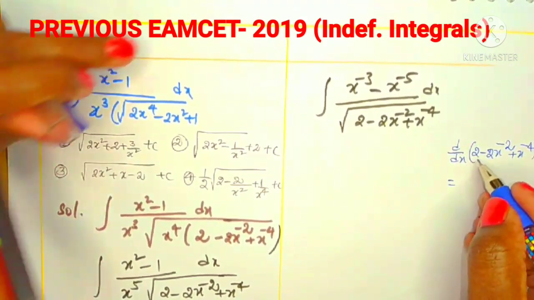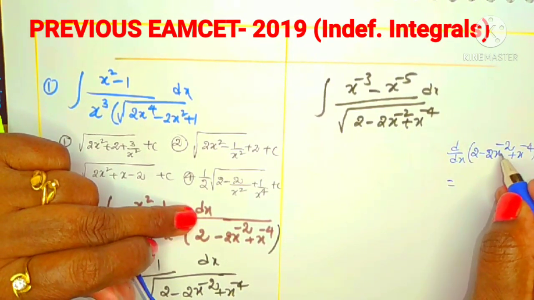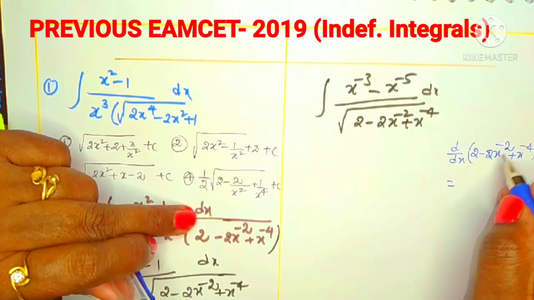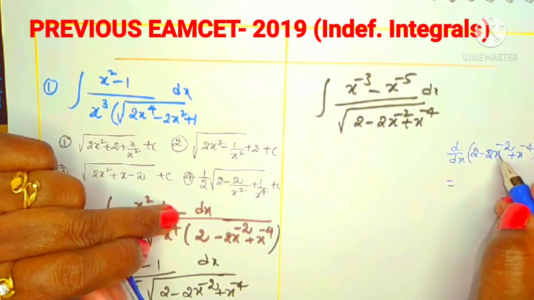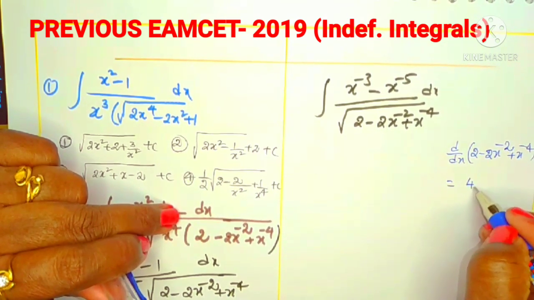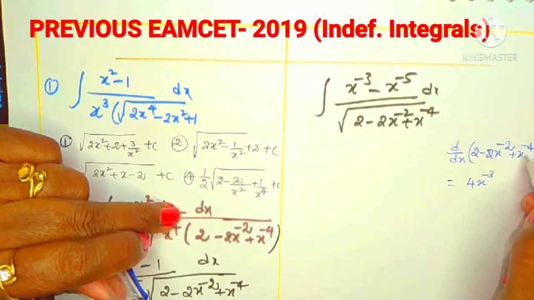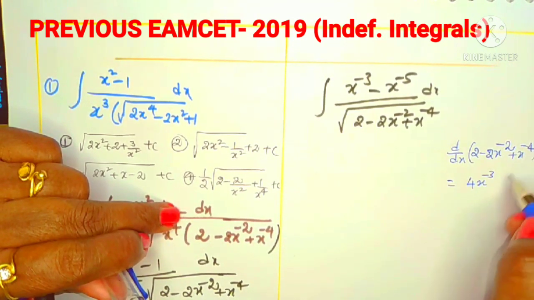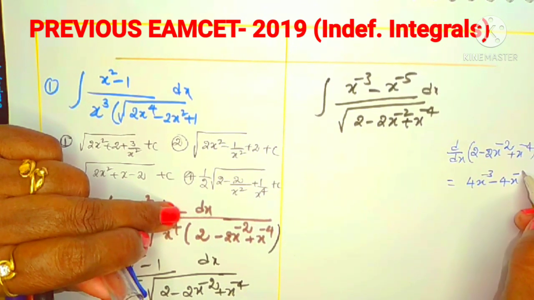Derivative of the constant 2 is 0, and minus 2 into the derivative of x power minus 2. You know the derivative of x power n? Yes, n into x power n minus 1. According to that, x power minus 2 has derivative minus 2, and minus into minus is plus 4, with x power minus 2 minus 1 being minus 3. In the same way, the derivative of x power minus 4 is minus 4 into x power minus 4 minus 1, which is minus 5, right?